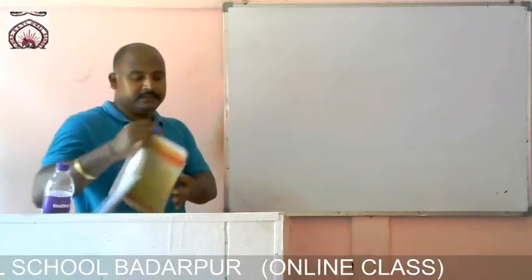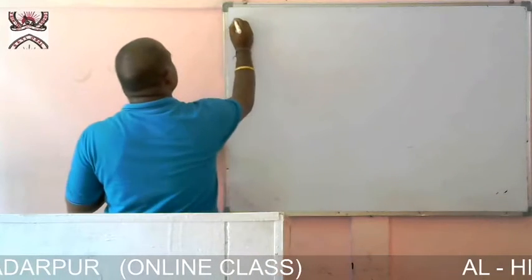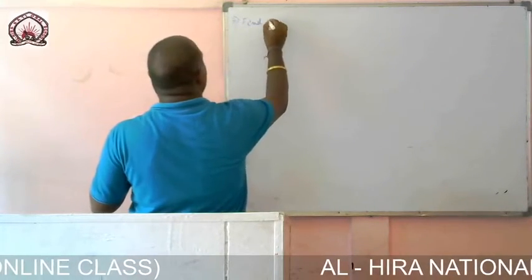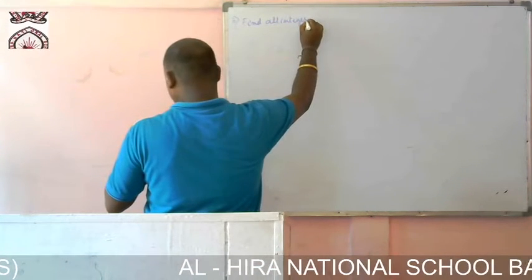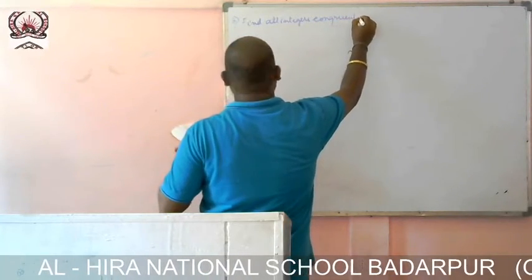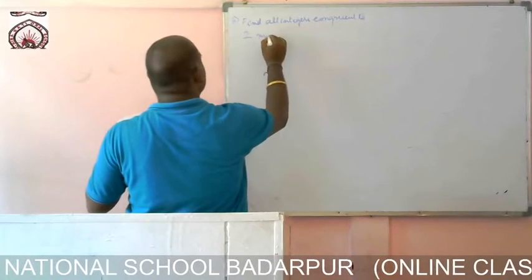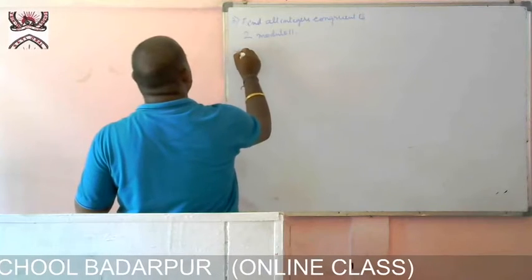What is the question here? Find all integers congruent to 2 modulo 11. Okay. Solution.